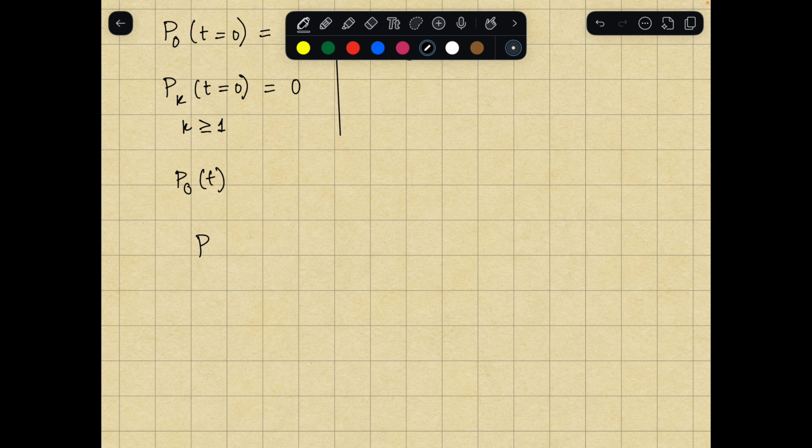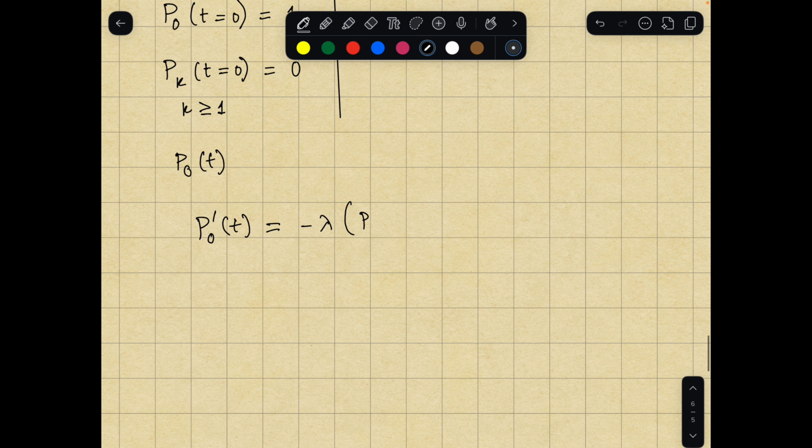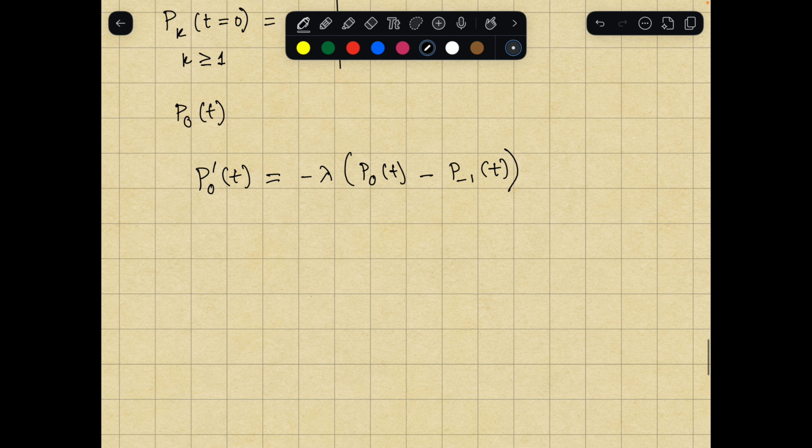Now from the differential equation, we have P0 prime of t equal to minus lambda times P0 of t minus P minus 1 of t. Now this part is actually 0, so we have P0 prime of t equal to minus lambda P0 of t.